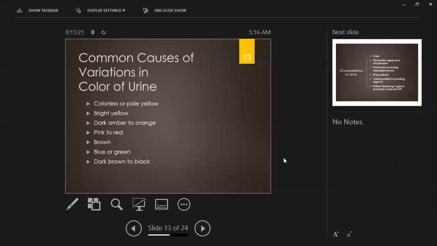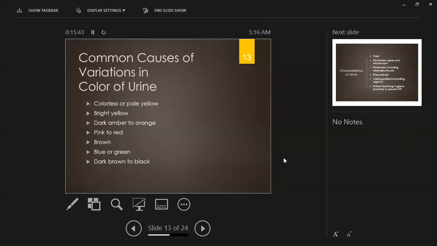Common causes of variations in the color of urine. So we need to talk about what can cause each of these colors of urine. Colorless or pale yellow urine can be caused by increased amounts of fluid, right? And then bright yellow, dark amber to orange can be caused by different medications.